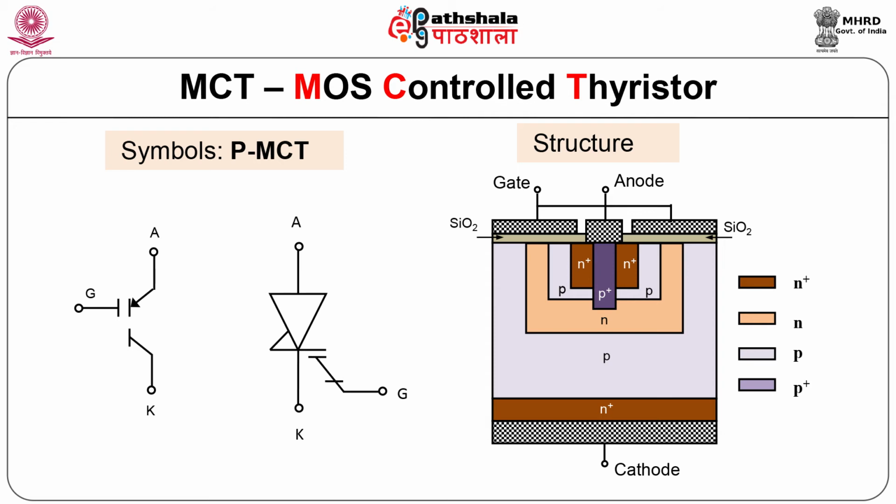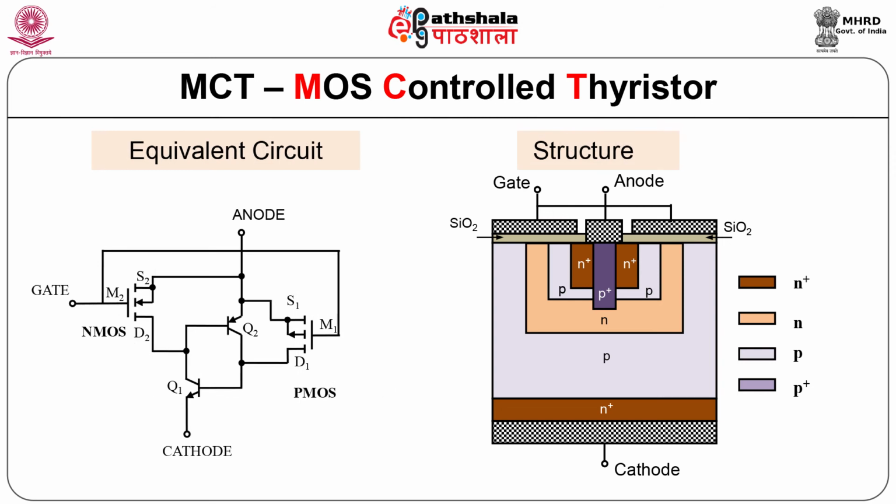PMCT's structure is shown in the figure. Now, if we see the structure of the PMCT, it is NPNP structure. The figure shows the equivalent circuit of MOS control thyristor.